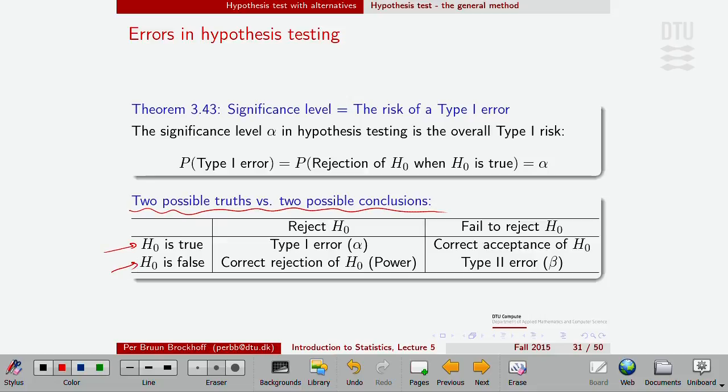We can say it as simple as that. That's the real life, the real truth out there. Then I have two possible choices to make. Either I reject or I accept. Here I couldn't make myself write accept, so I just wrote fail to reject. But that is what I also call accept.